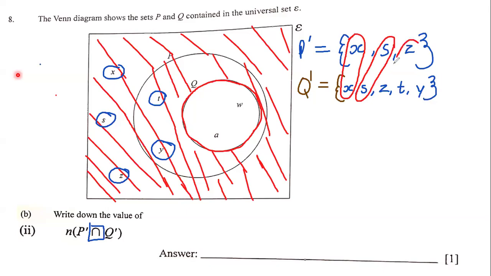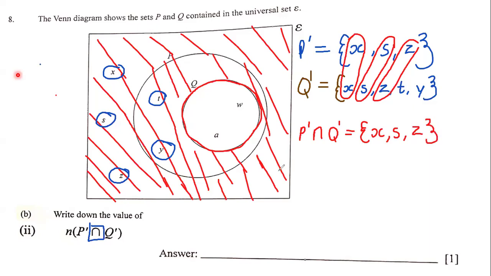And Z. All right, so they have X, S, and Z. Those are what's common. Does that make sense to y'all? So P complement intersect Q complement is going to be equal to X, S, and Z.